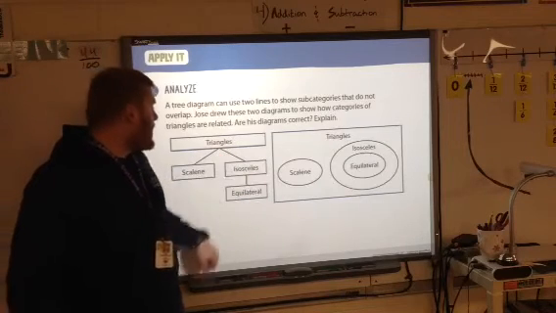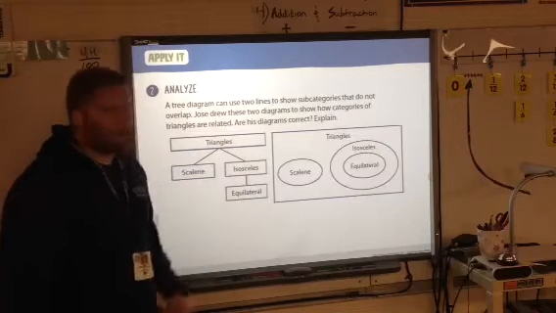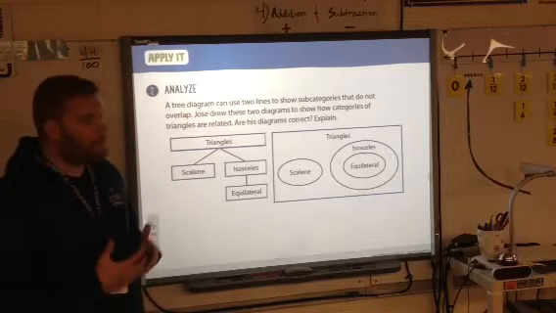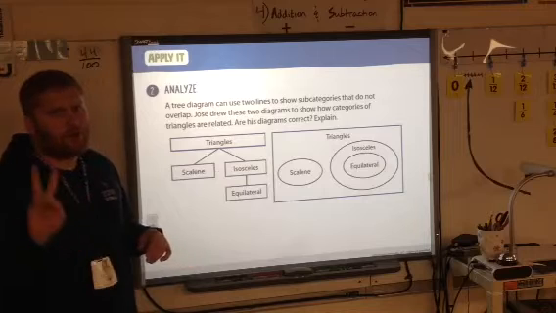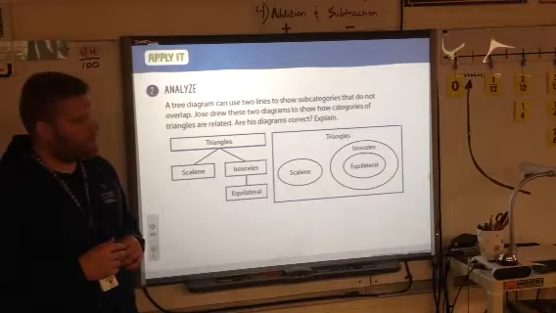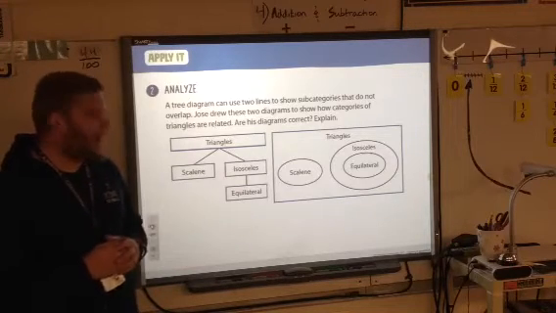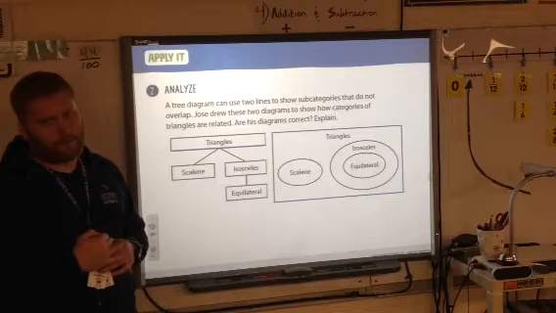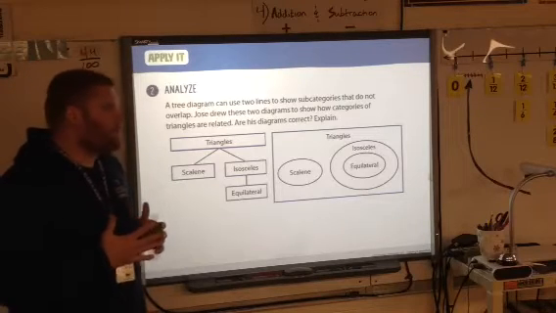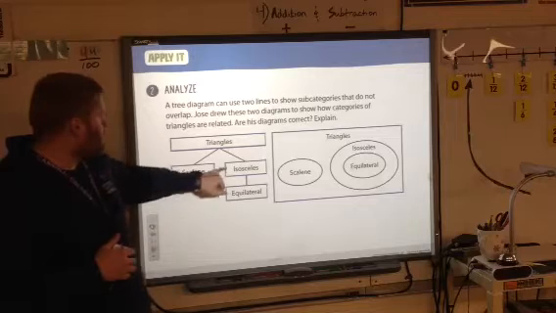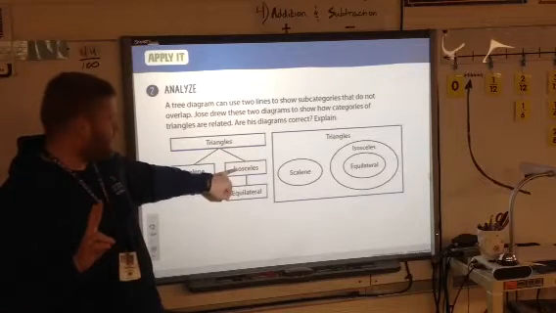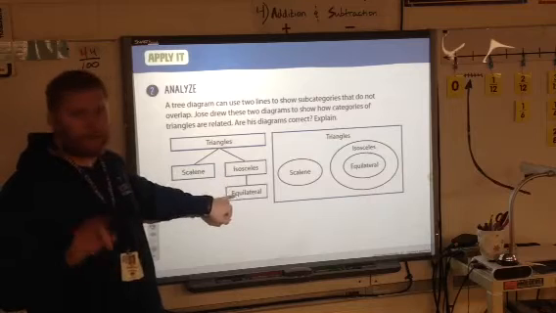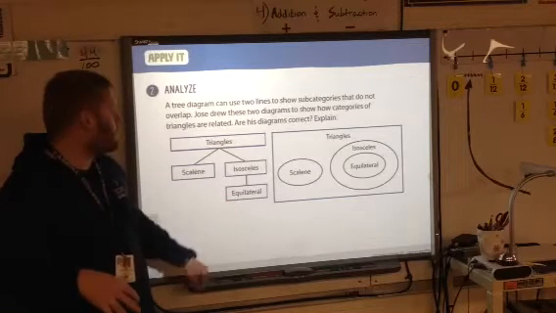Now, off to the right, we have branched isosceles and equilateral. Well, let's think about this. Isosceles has two sides of equal length. An equilateral triangle has three sides of equal length. So those could be categorized together because we went from the most general, two sides being the same length, to the most specific, three sides of equal length.